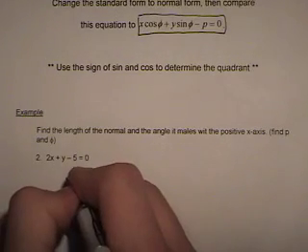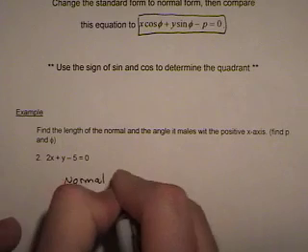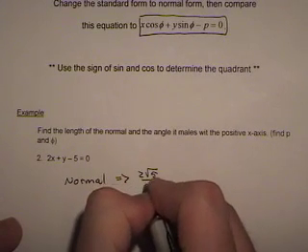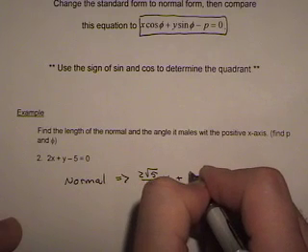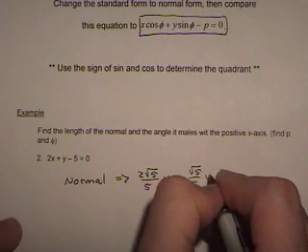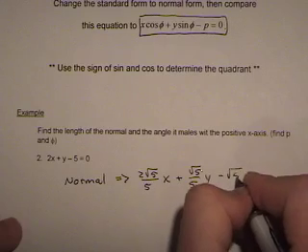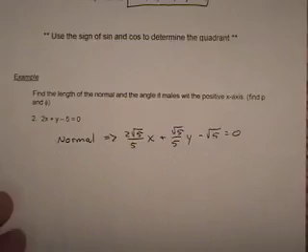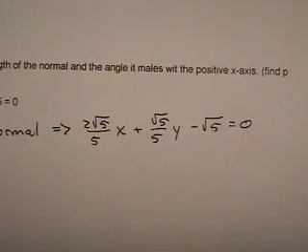So I'm not going to do all the work again. My normal form is simply 2 rad 5 over 5 x plus rad 5 over 5 y minus rad 5 equals 0. Okay, so that's my normal form now.